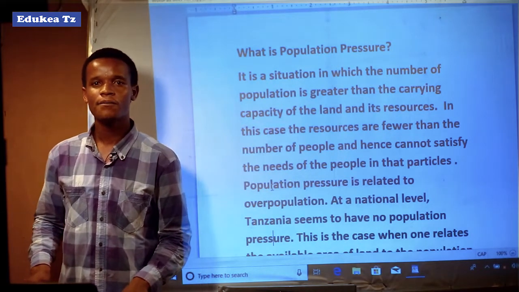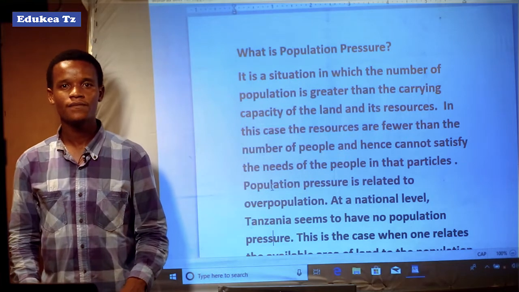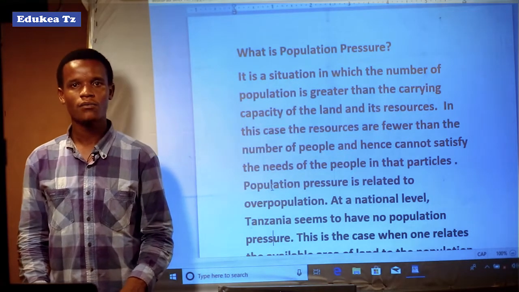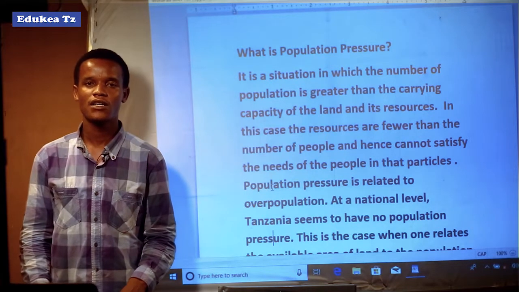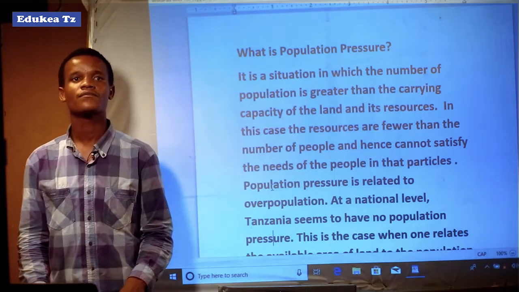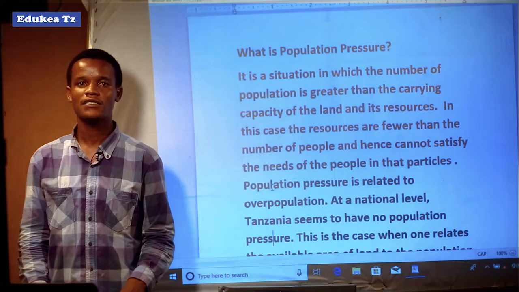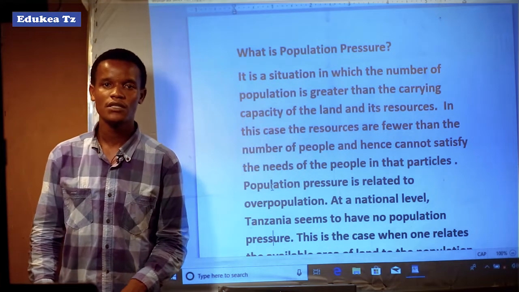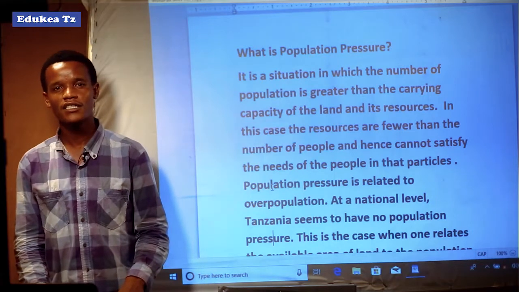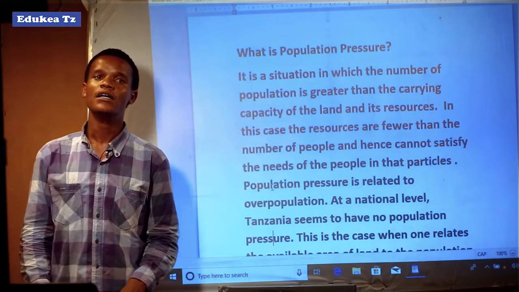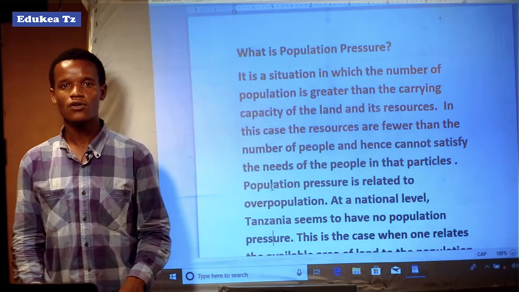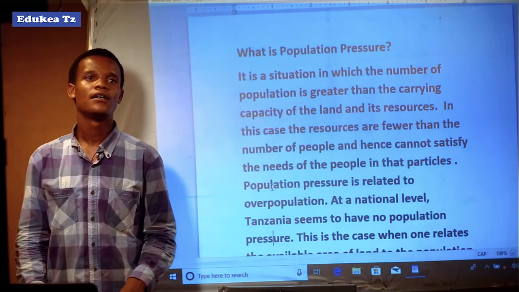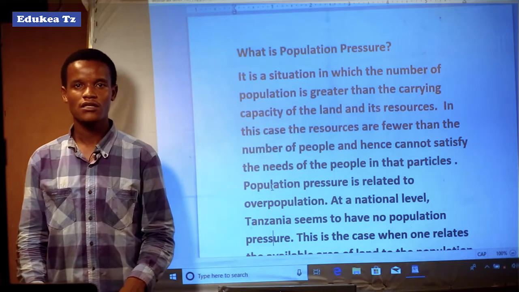If a place has a high population and a shortage of resources, it tends to bring a negative impact to that society, since different hazards can occur due to the large number of people in a certain area. For example, deforestation will take place fast and easily because people are large in number and the available resources are small.